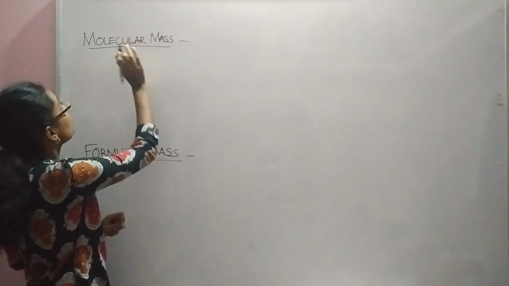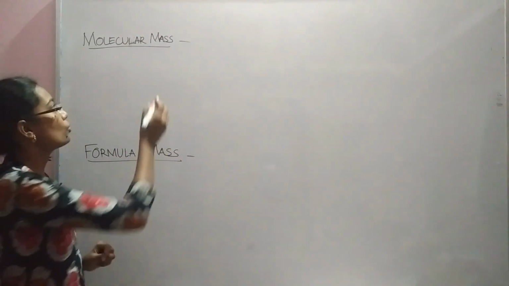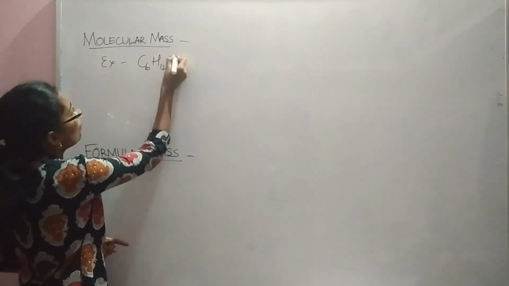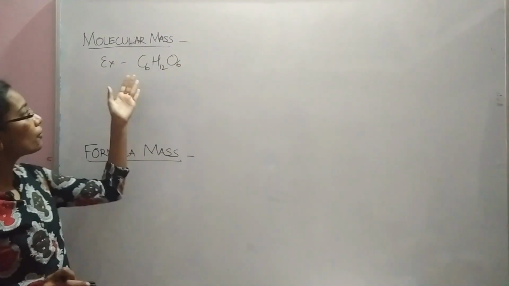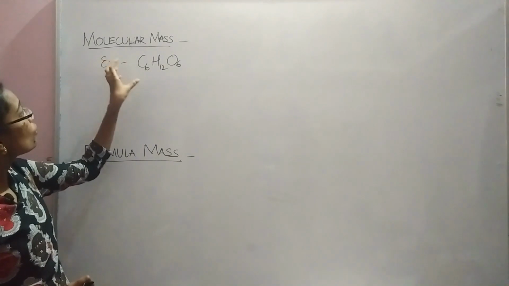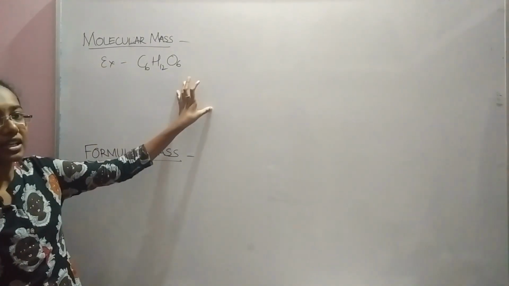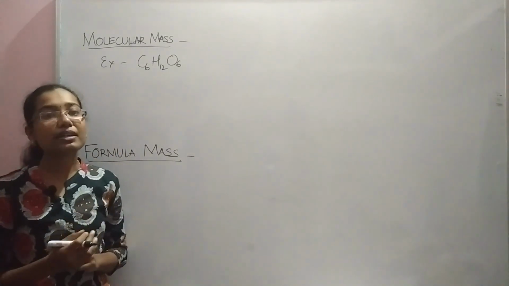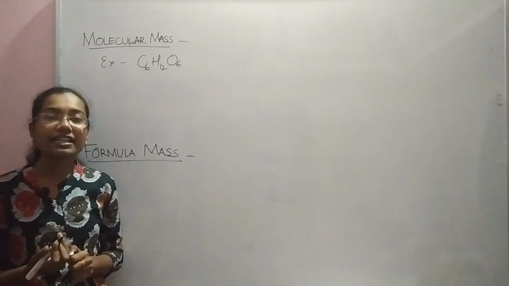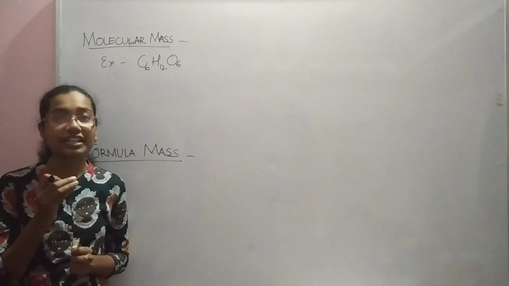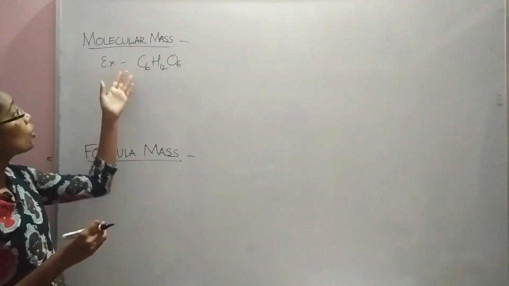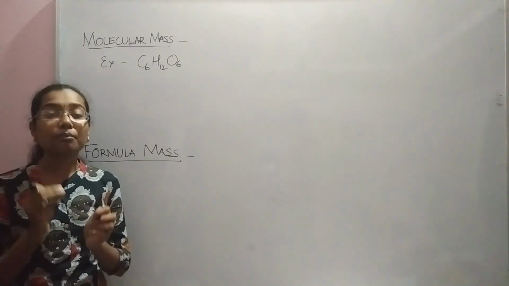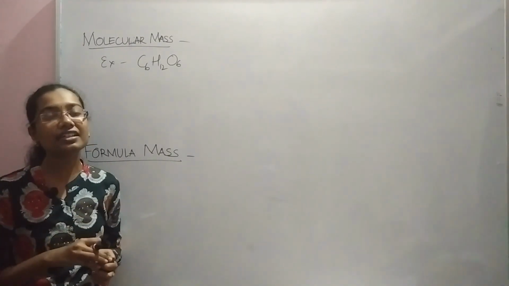We'll see that. For molecular mass, for example, you can take glucose, that is C6H12O6. This is the molecular formula of glucose. Glucose is made up of carbon, hydrogen as well as oxygen. But formula mass is based on the empirical formula. Empirical formula only tells about the ratios of the atoms, but the molecular formula tells about the number of atoms of each element present in the molecule.